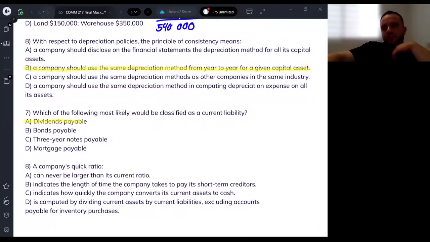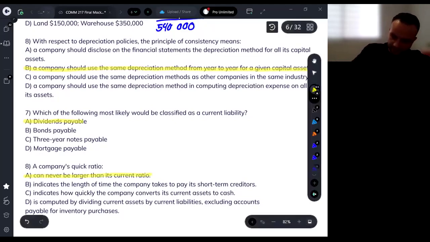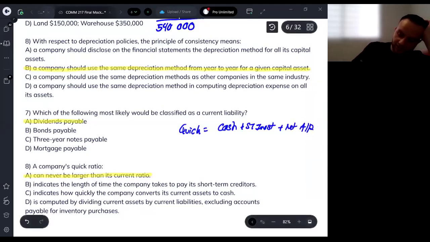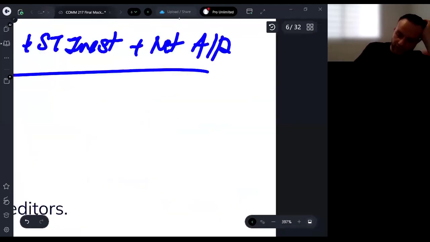Number 8, a company's quick ratio can never be larger than the current ratio. Why? Because quick is cash plus short-term investments plus your net AR, over your current liabilities.